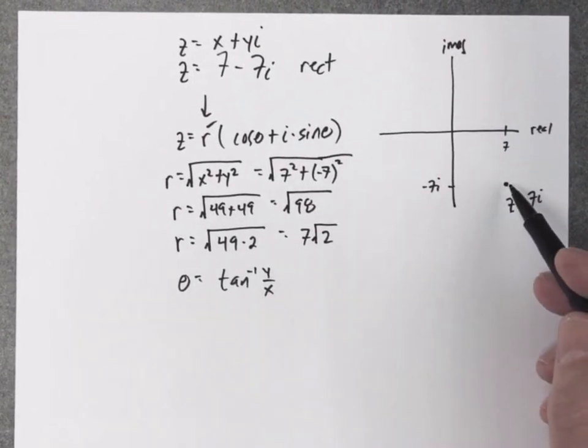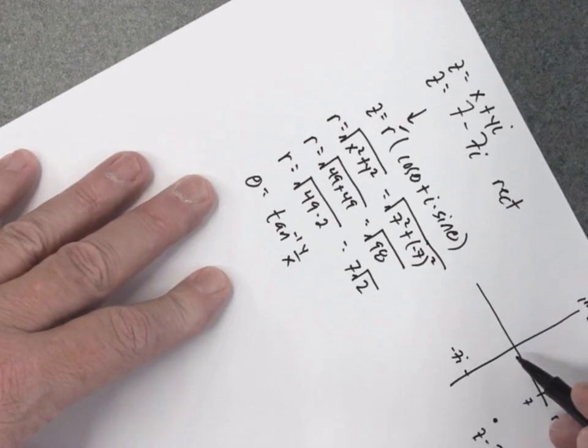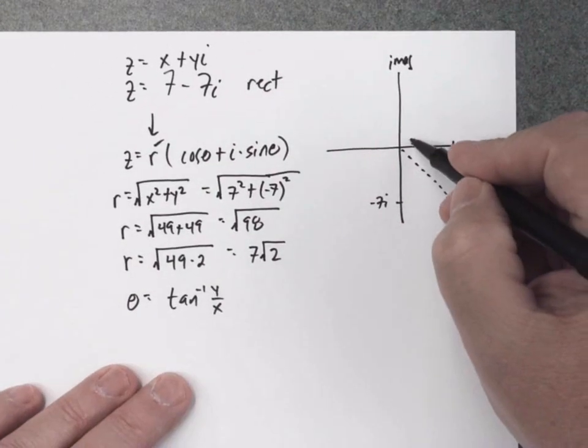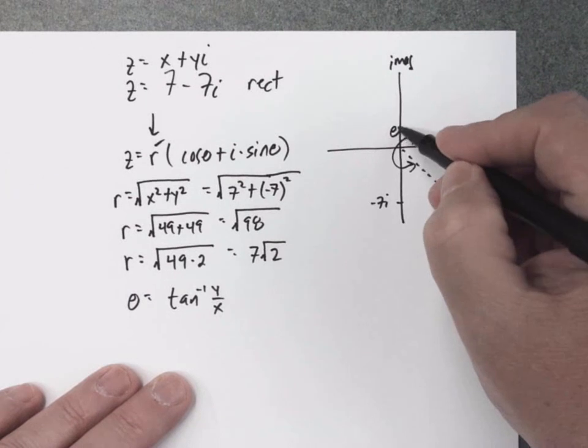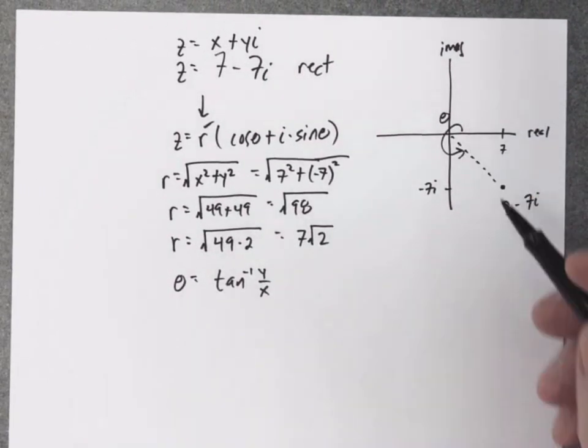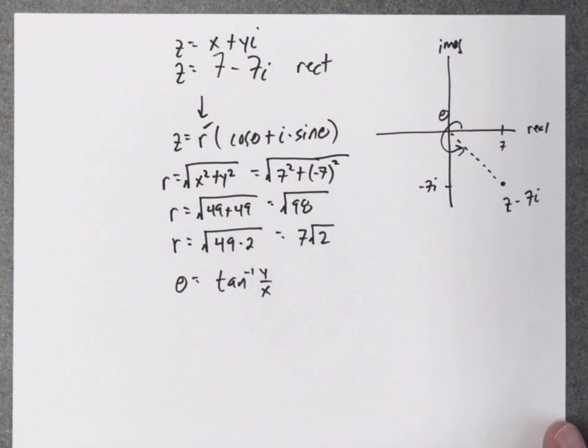I know my point here is in the fourth quadrant, so I have a pretty good idea. My angle is actually going to be this right here. So when I figure it out, I can visualize this and make sure I have the correct angle.